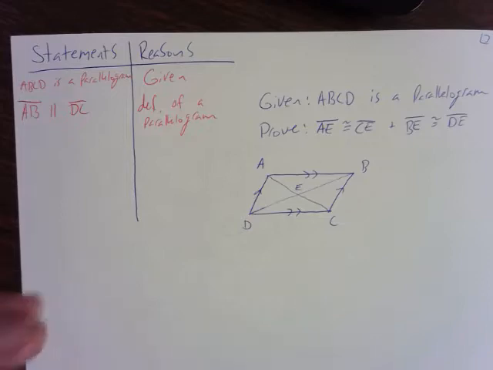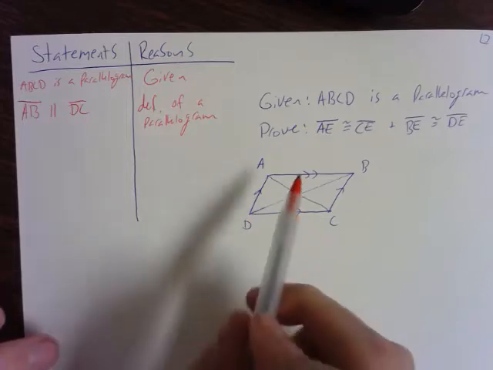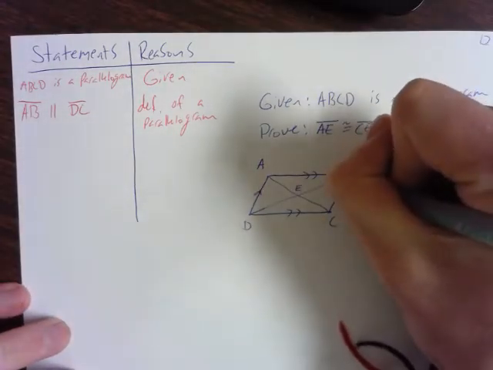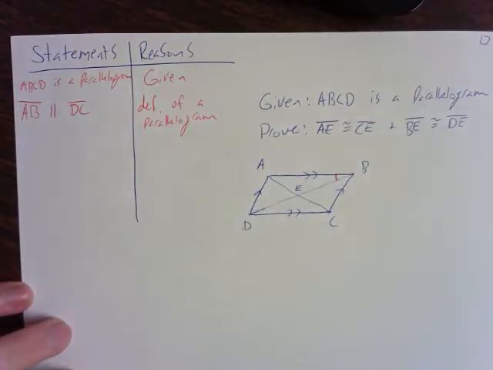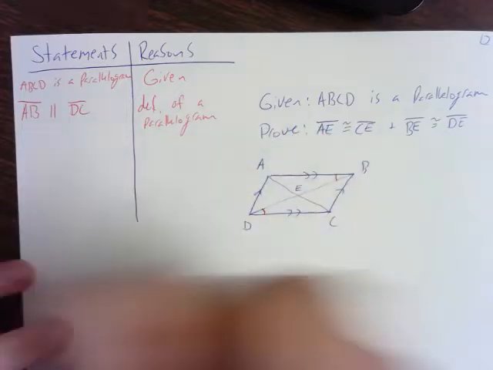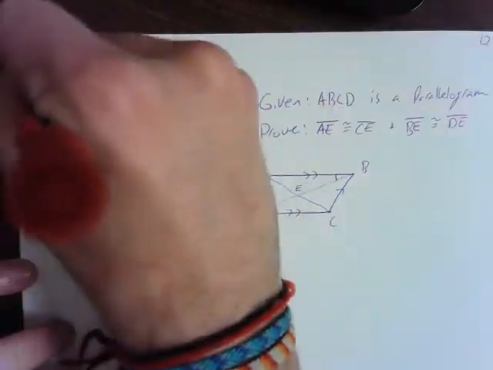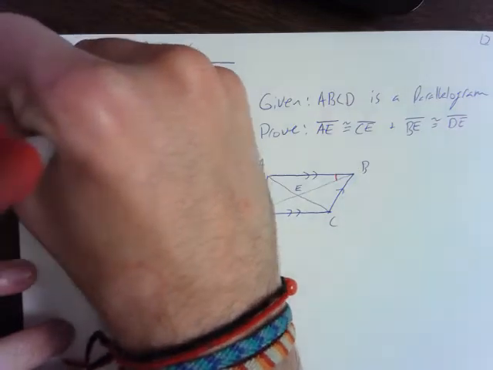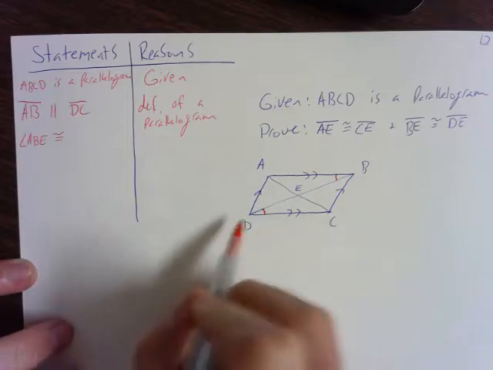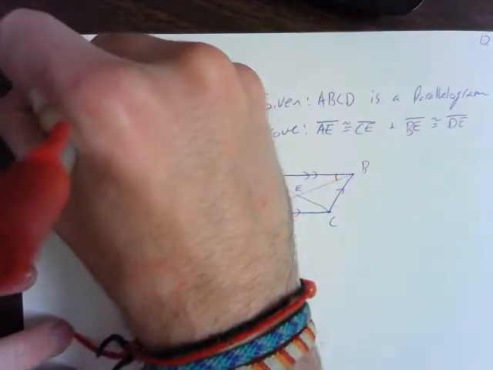Now I can also say that angle ABE, this angle up here, top right, is congruent to angle CDE.